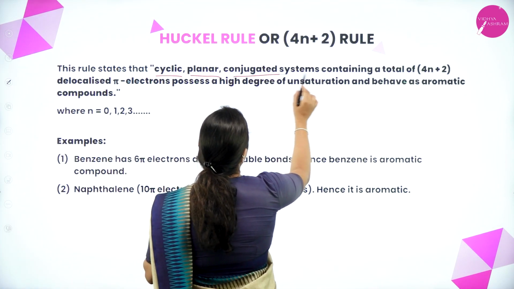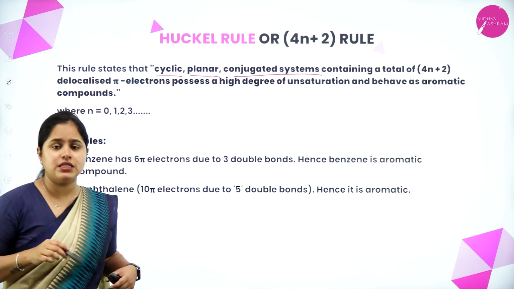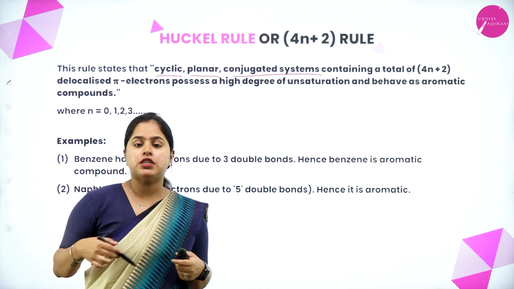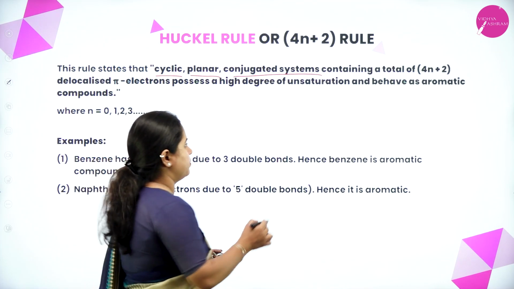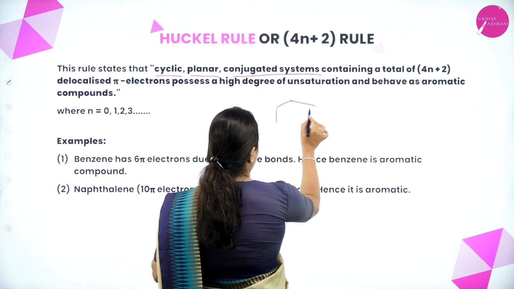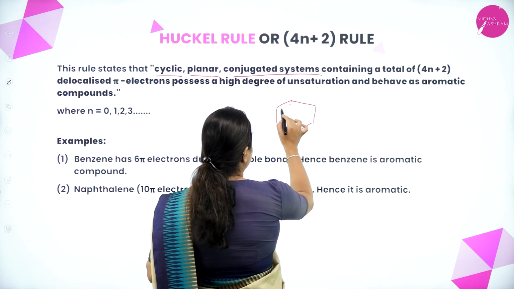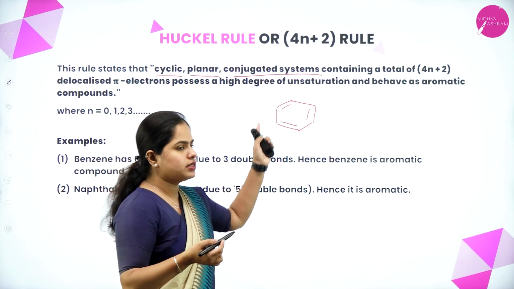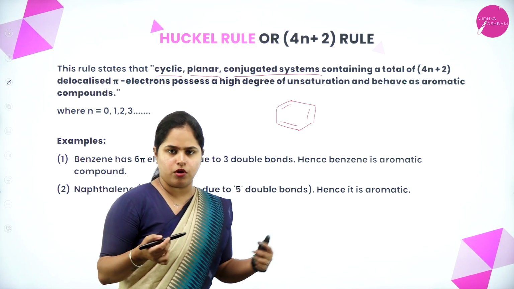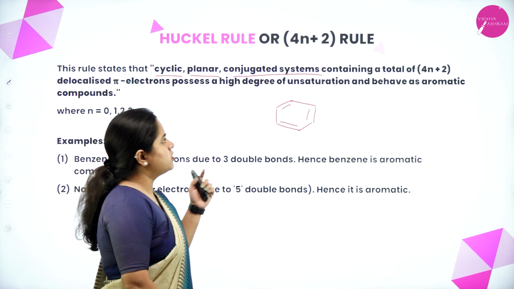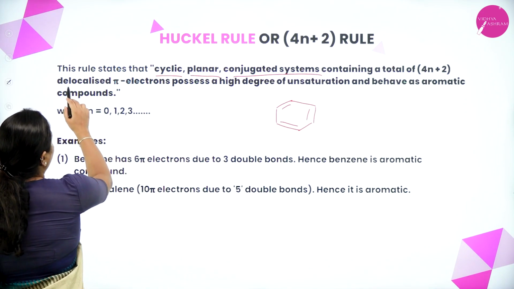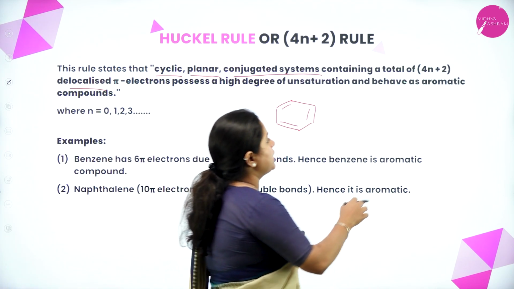Conjugated system means the double bonds must be alternatively present. If we take the example of benzene, the double bonds are present alternatively: one double bond, then single bond, double bond, single bond, double bond, single bond. That is called a conjugated system, containing a total of 4n plus 2 delocalized pi electrons.